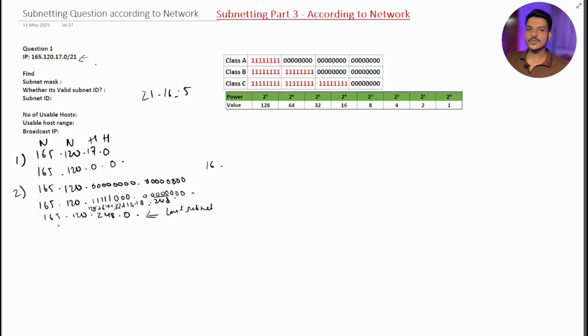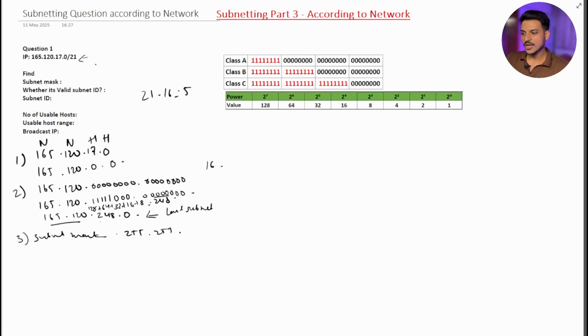To find the subnet mask, basically it denotes the number of bits that are given to network and the number of bits that are given to host. As we have already given the first 2 octets to network, all ones are represented in decimal as 255.255.